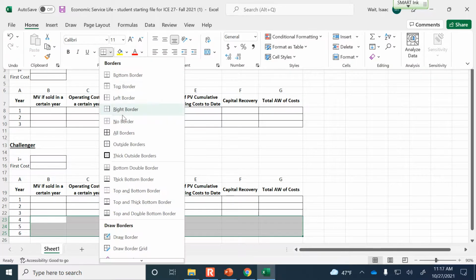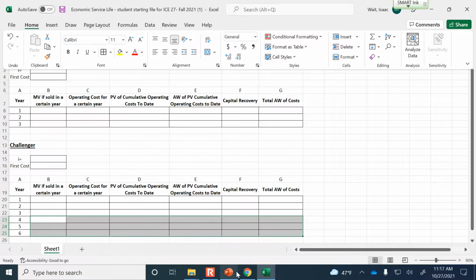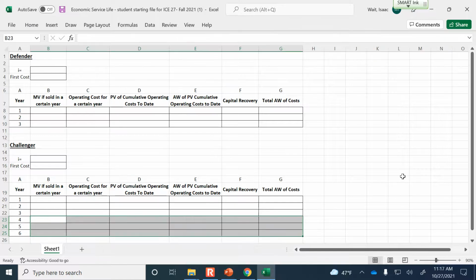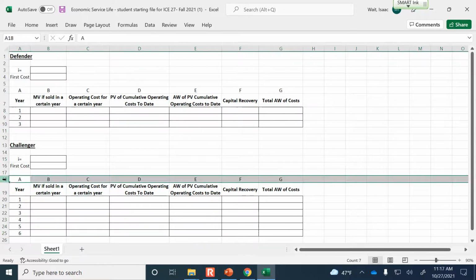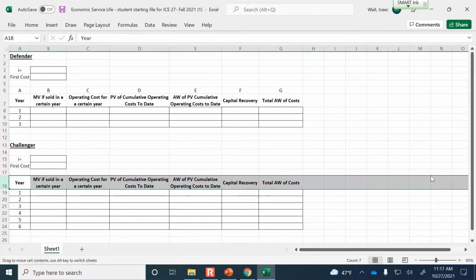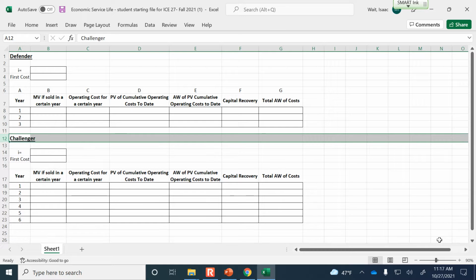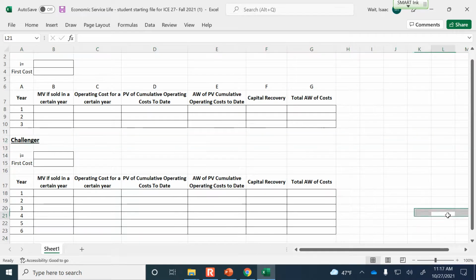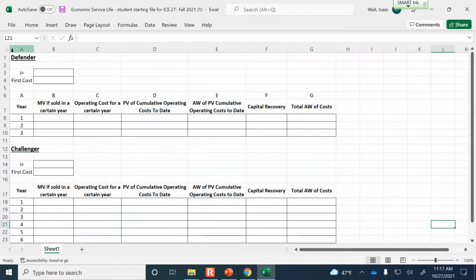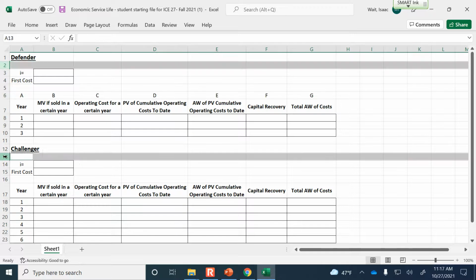Last for 6 years? Because it's new equipment, it lasts longer. What do you think about first cost? First cost on the first one, that's 50,000. Or no, that's the second one.